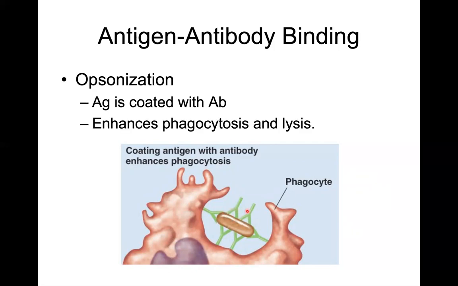And what this does, again, is act as a signal to the cells of your immune system, say a phagocyte, to come by and recognize that this foreign object is coated with antibodies, therefore this must be something I need to target for destruction. So the antibodies act as kind of a red flag, and it signals to the cells in your immune system that this is a problem and it needs to be eliminated.